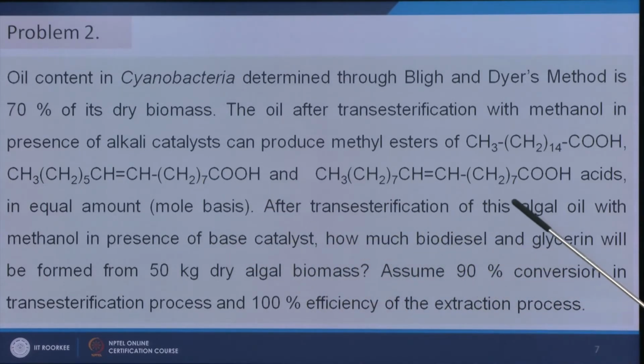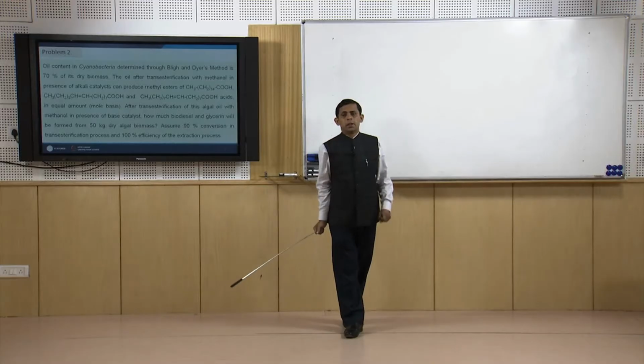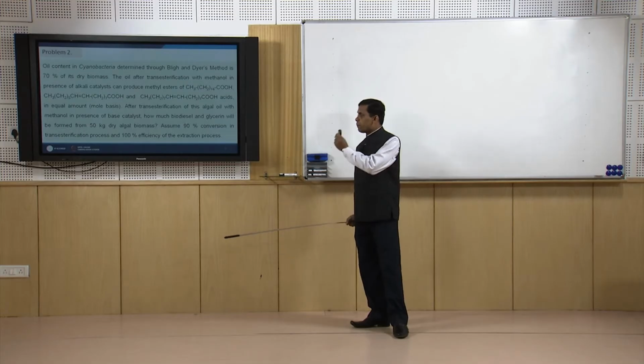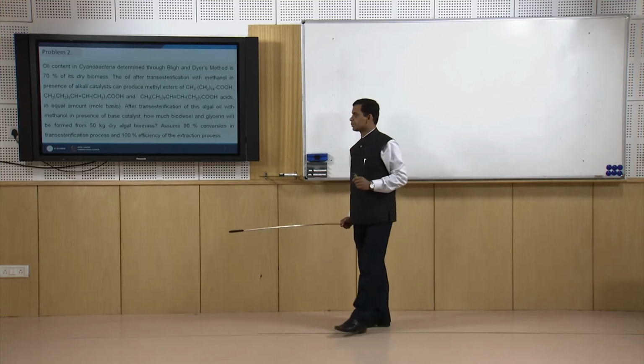After transesterification of this algal oil with methanol in the presence of a base catalyst, how much biodiesel and glycerin will be formed from 50 kg dry algal biomass? Assume 90% conversion in the transesterification process and 100% efficiency of the extraction process. So, this has similarity with the previous one, but some difference is also there.